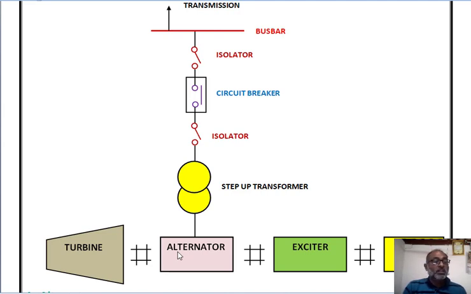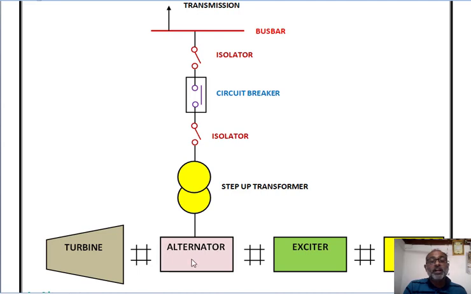Now next, the transformer. Already I told you we require 132 kV, 220 kV or 400 kV voltage for the transmission line, and 220 kV, 400 kV or 132 kV is not possible to generate by this alternator.